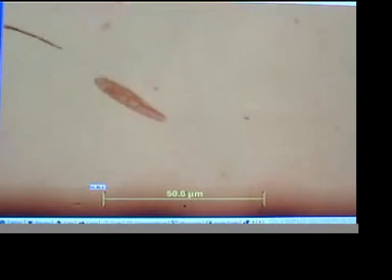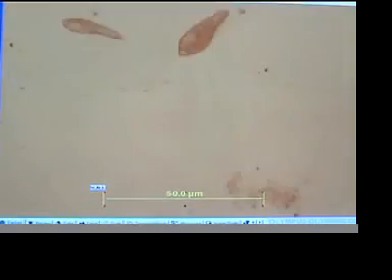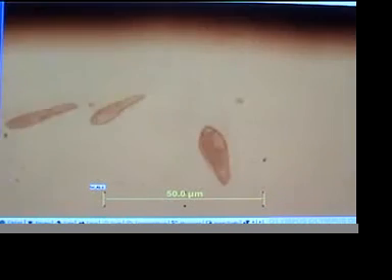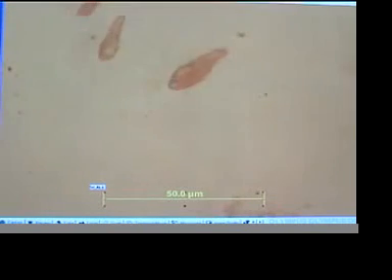6A. Happy and living. 6B. One slow. 6C blank. 6D. A few organisms here. 6E. Almost all moving in that square. 6F.